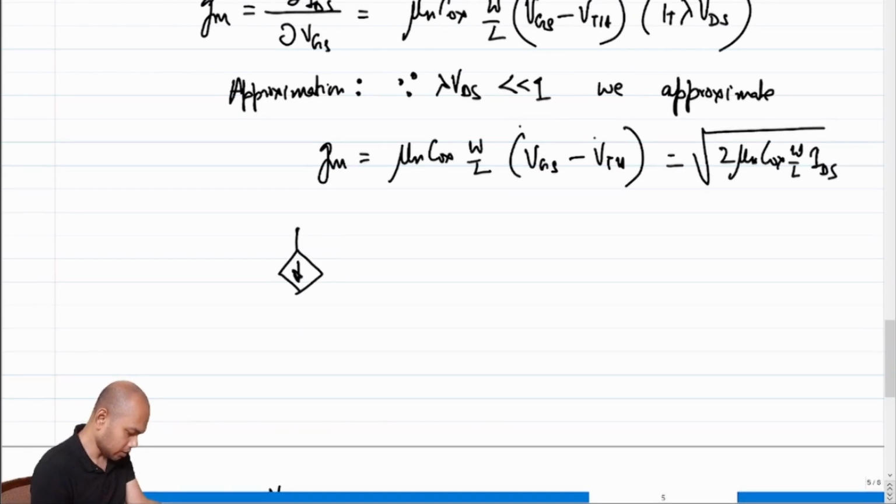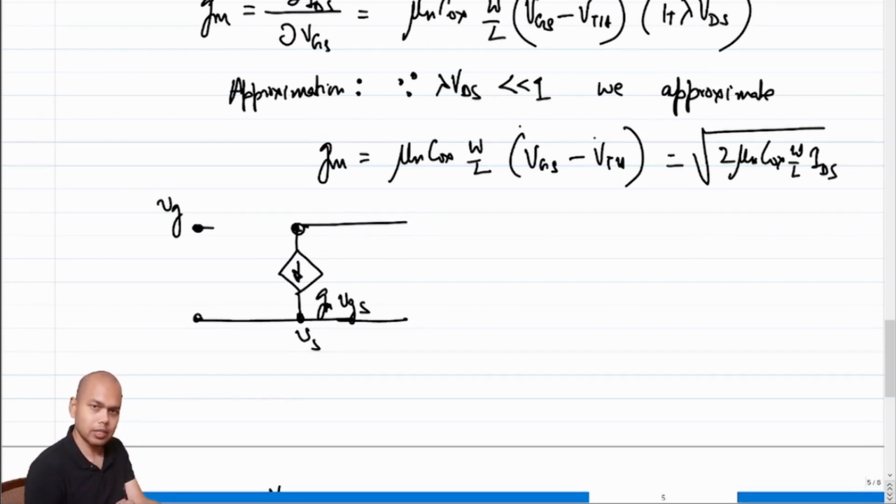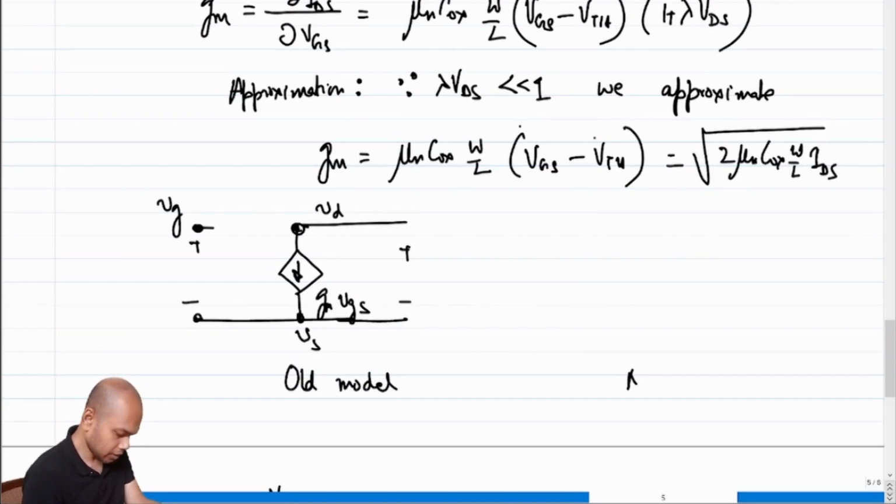The old transistor incremental equivalent model was, this is Vg, this is Vs, this is Gm times Vgs, right? So this was the incremental model for our transistor. So this was port 1 and this was port 2. But now the new incremental model is, so this is the old model. So what is the new model?